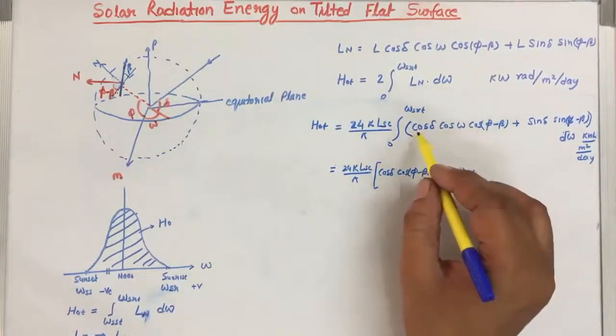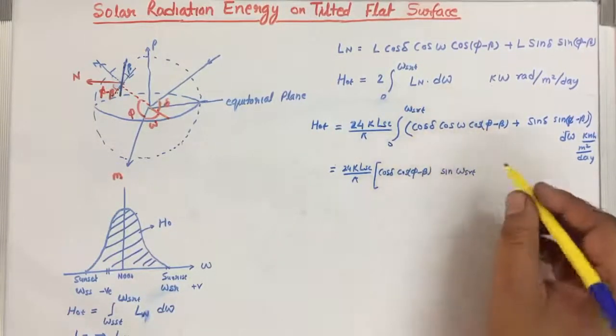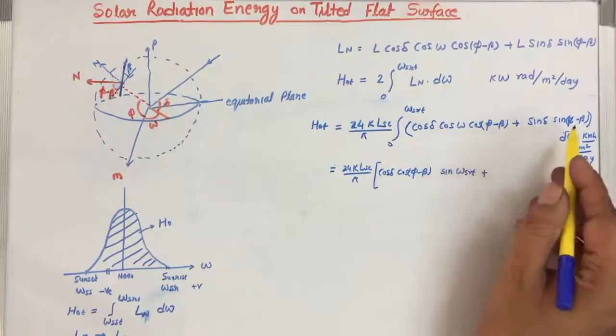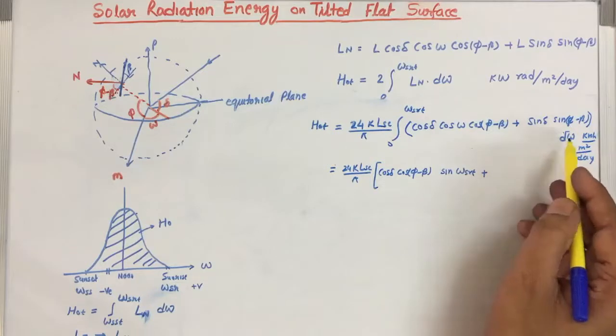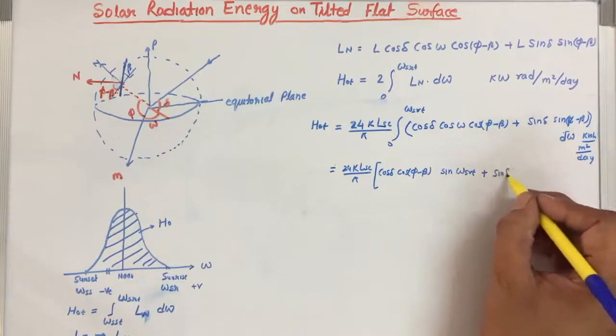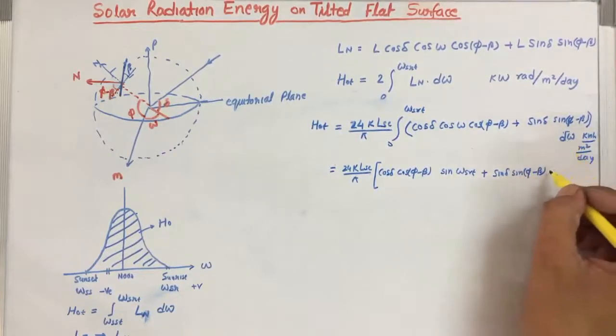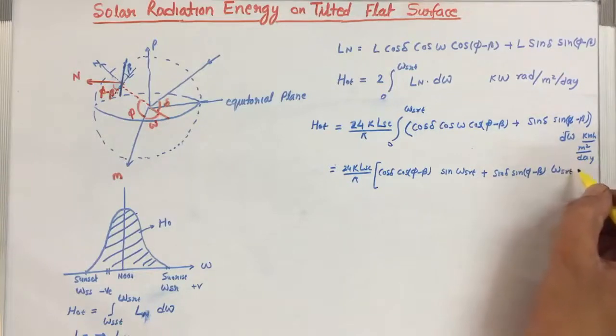So after integration we get this term, plus it is also independent, only this will be there: sin delta sin phi minus beta, and D hour angle now changes to omega hour angle for rise time, kilowatt hour per unit area for a day.